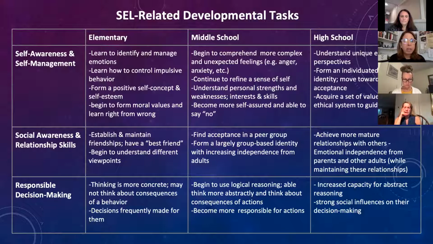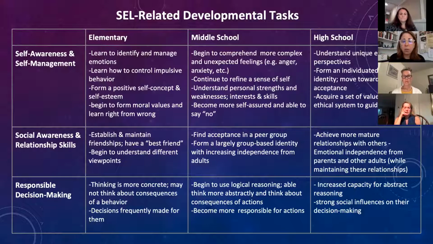And then in the decision-making area, in elementary school, they're thinking concretely. They're not always thinking about consequences to their behaviors. Decisions sometimes are made for them. As they get to middle school, they're able to think more abstractly. They can think of all different sides and think logically, and they become more responsible for their actions.